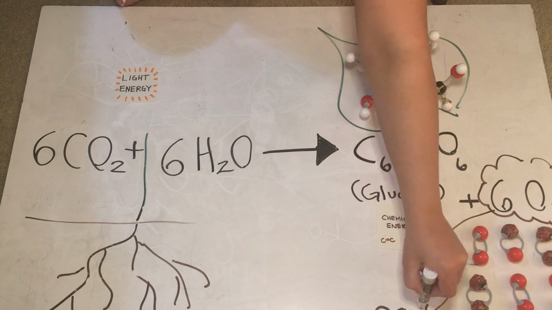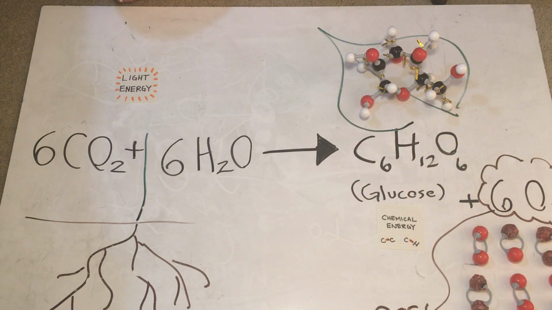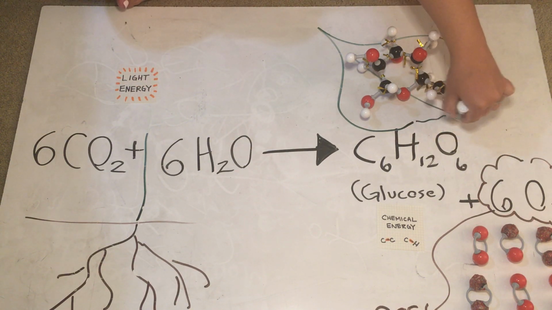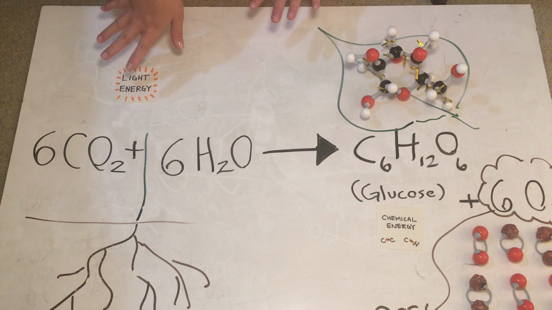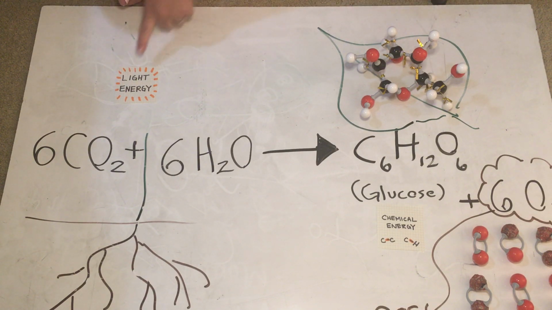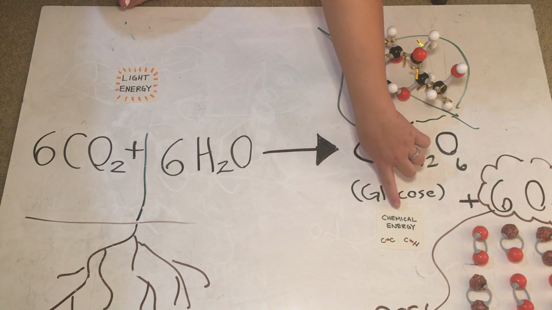So this leaves the plant, and that makes our atmosphere have available oxygen. If we didn't have plants doing photosynthesis, our planet would not have an oxygenated atmosphere for all the animals that need that. So we have had an energy transformation from light energy to chemical energy.